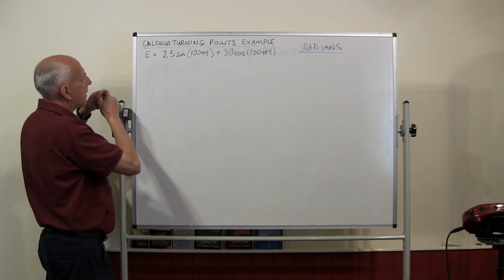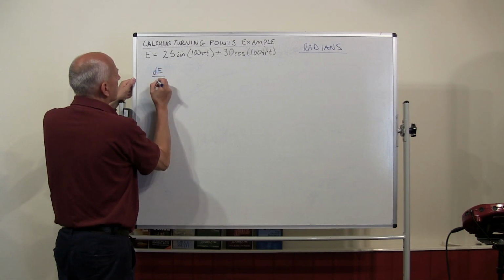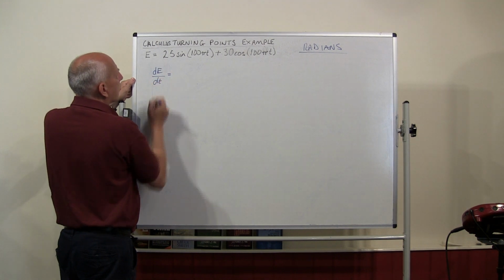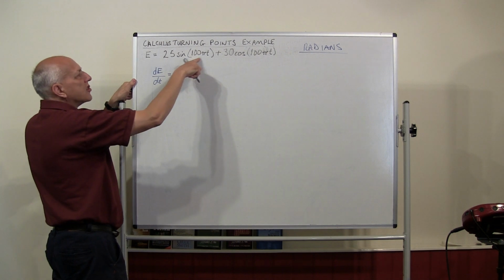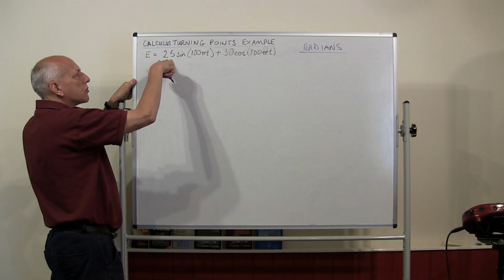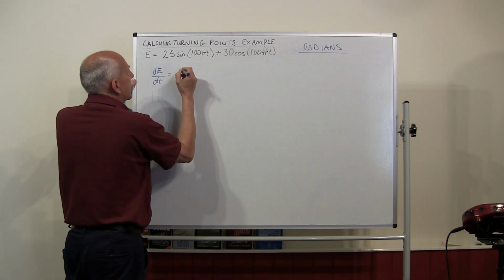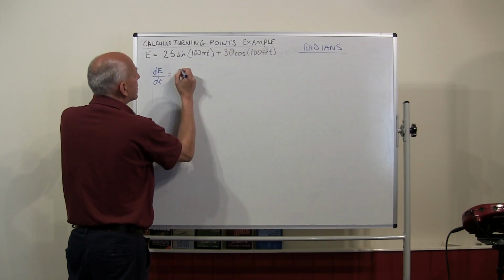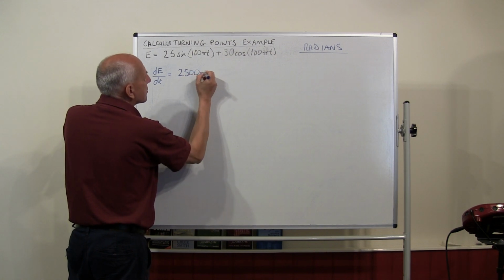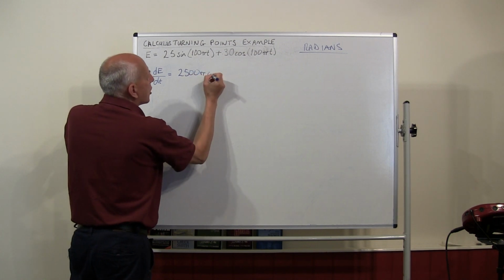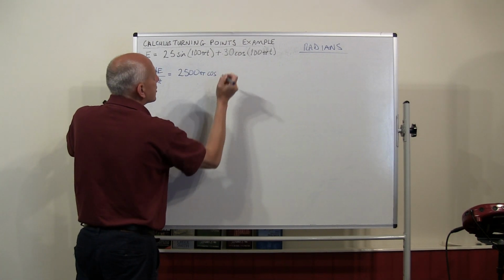It's fairly straightforward. So dE over dt would be the differentiation of that and the differentiation of that. What's inside the bracket comes out and multiplies into the figure out front, so that would be 25 times 100, so 2,500. The pi comes out as well, and then it's cosine, no minus sign needed for this.